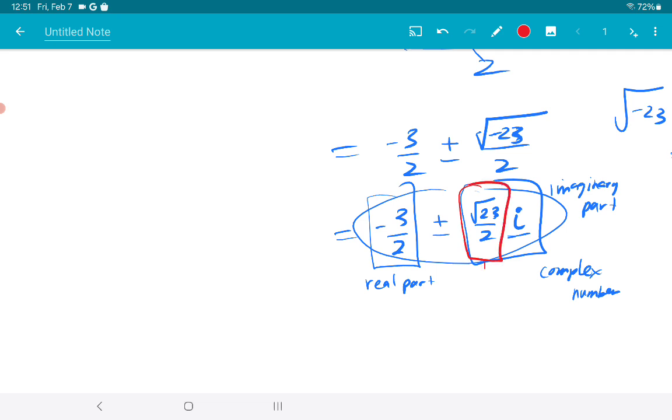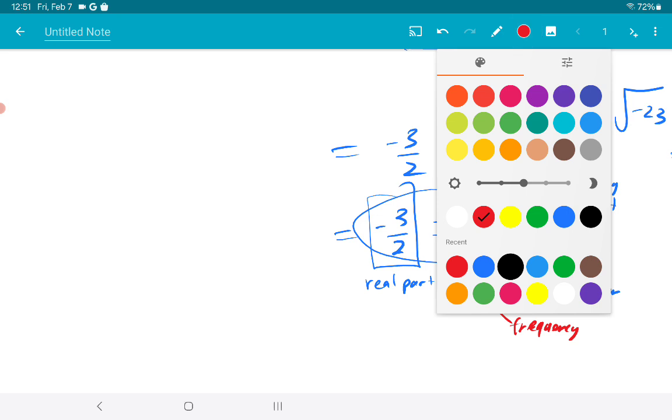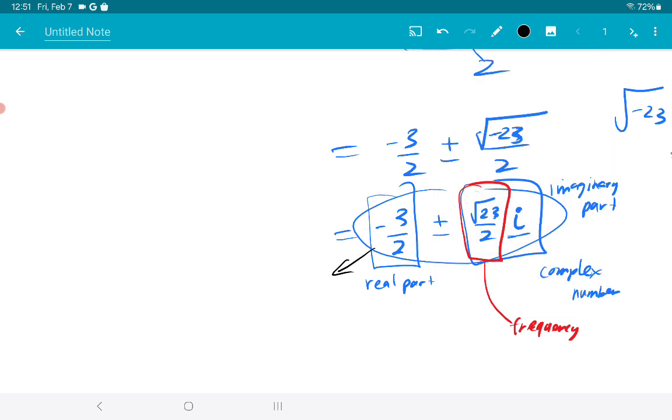This number in front will be the frequency of an oscillation. That'll be the number that goes inside the sine and cosine. The real part will be the coefficient of t in e to the rt.